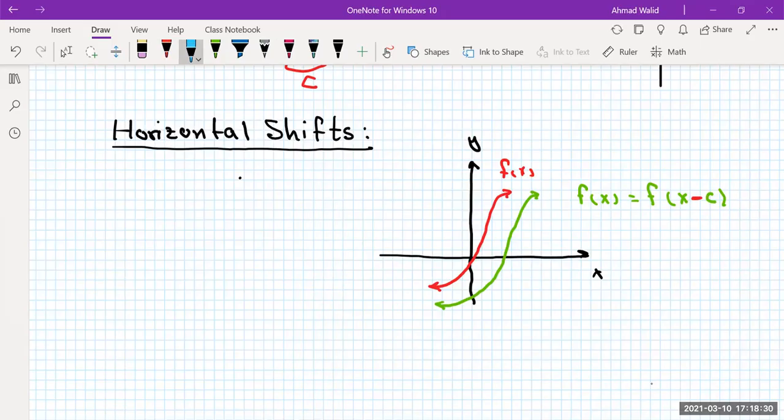If I shift this function, c unit, to the left, this function will be f of x equals f of x plus c.